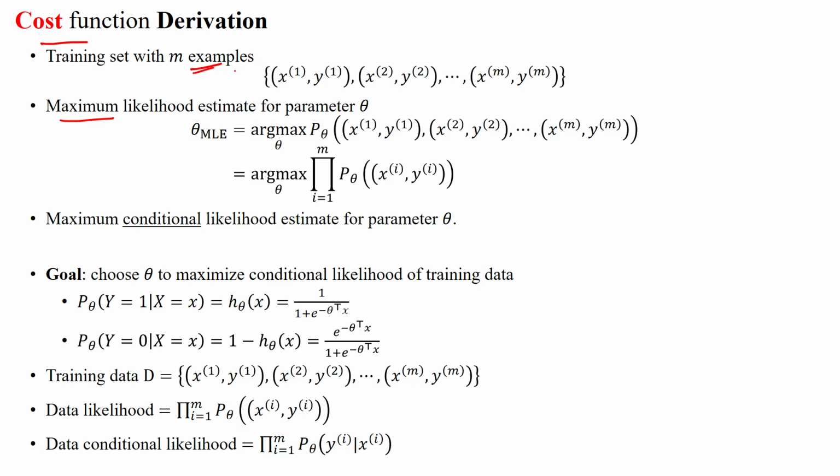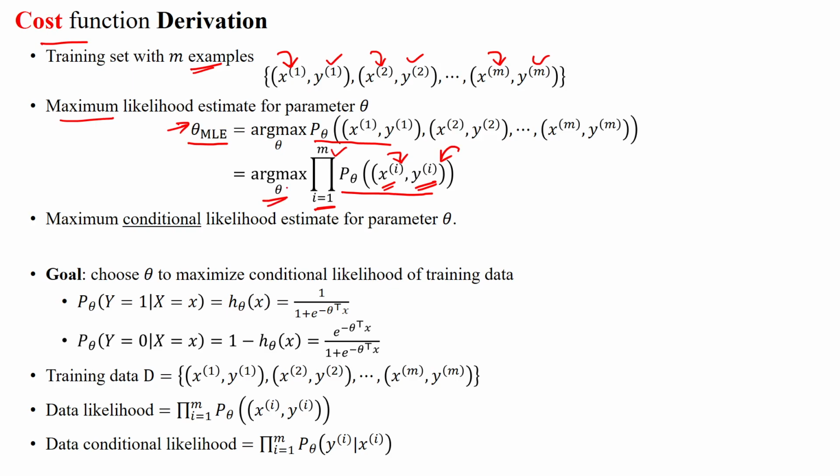Here the m number of samples are given: sample number 1 and its corresponding output, sample number 2 and its corresponding output, sample number m and its corresponding output. Here we are going to estimate the maximum likelihood of the parameter values with respect to the probability of all the samples. So it can be represented as the product of i equal to 1 to m of the probability of all the samples, calculated from the feature values of the samples and their corresponding output for the comparison.